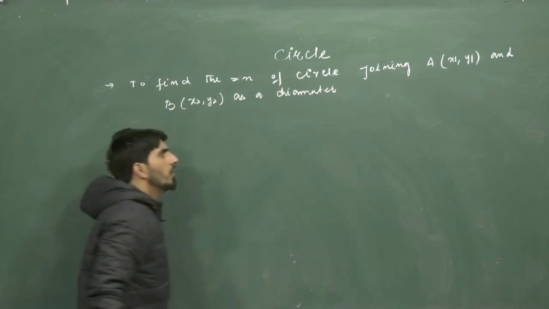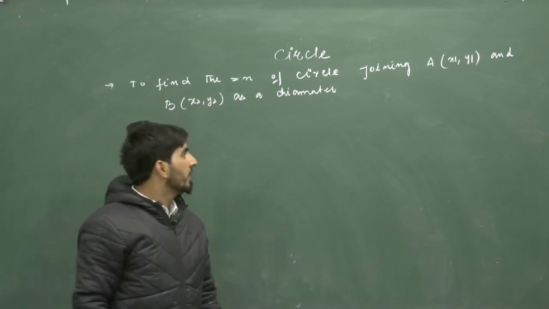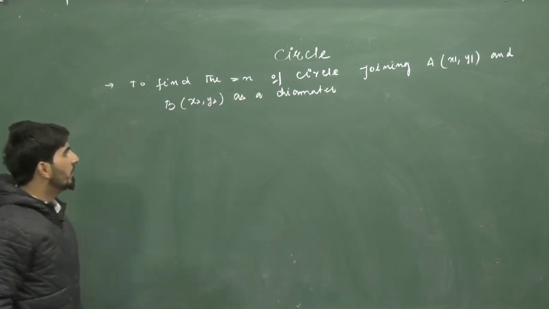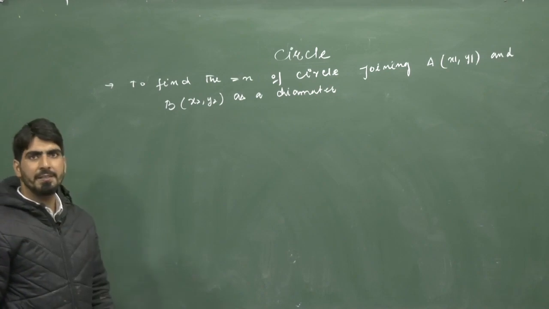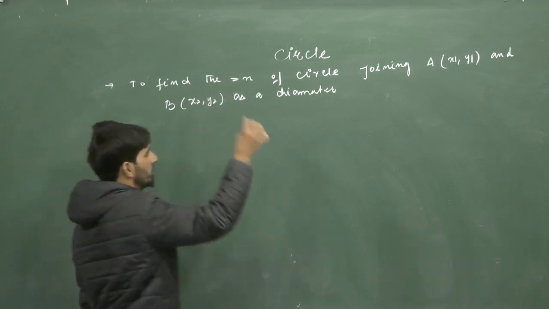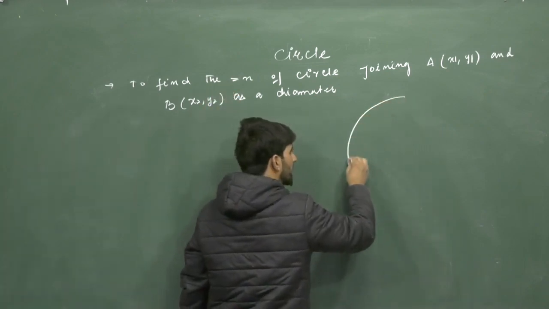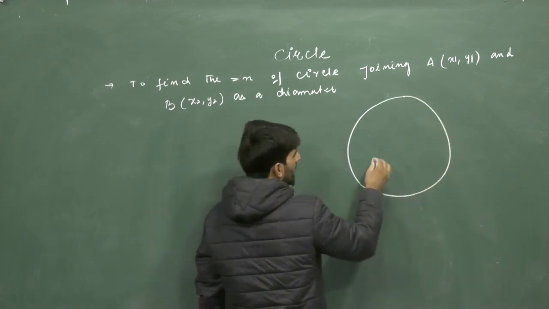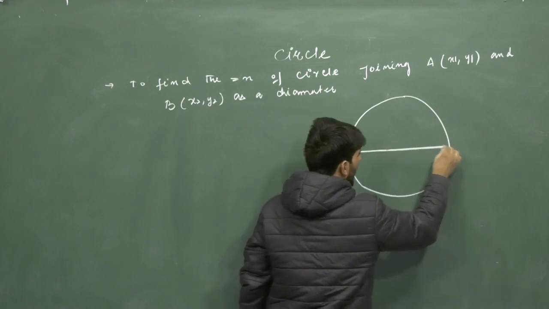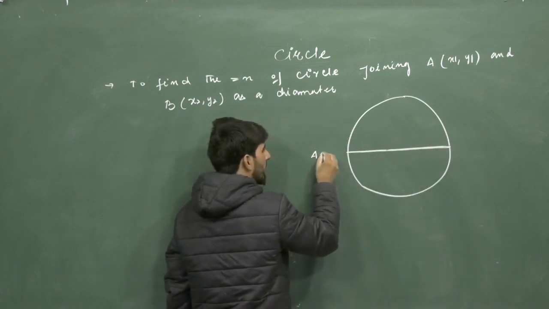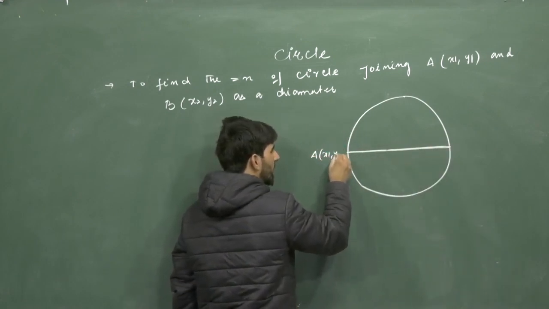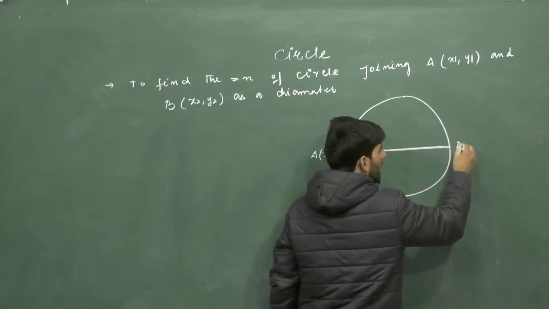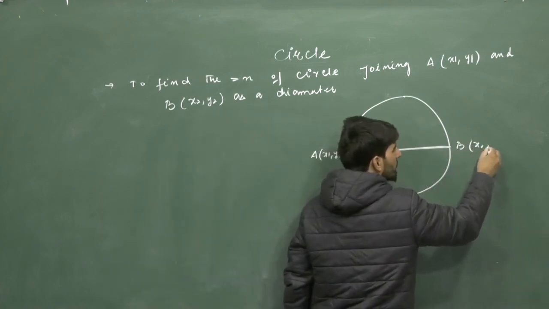That is, we will have given two endpoints of the diameter and we have to find the equation of the circle. So draw a rough sketch of this. Say this is A (x1, y1), B (x2, y2).